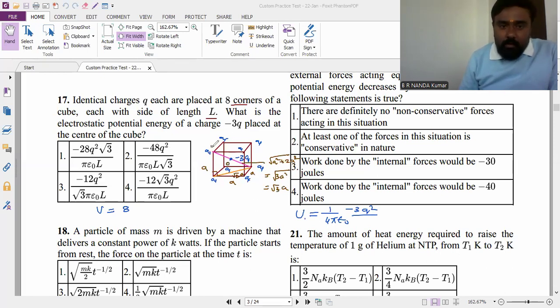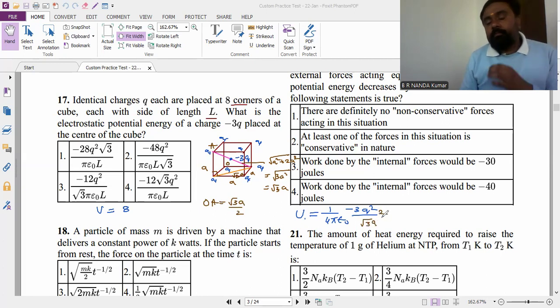Center to corner OA is half of it, so root 3a by 2.